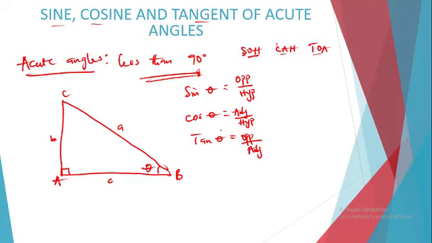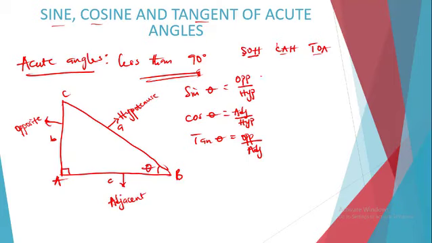In this triangle, the hypotenuse is the longest side, the line facing the angle 90. The line facing the given theta is the opposite. Mark that. And then the last line is what we call the adjacent.